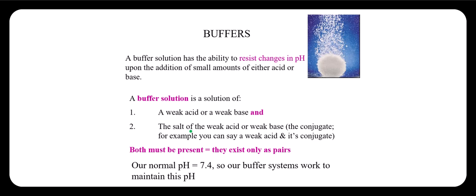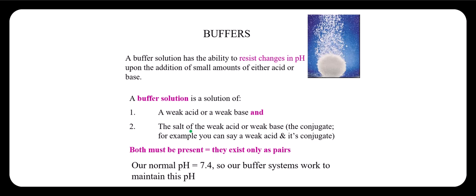If we want our pH nice and neutral, which most of the time we do, there's exceptions, of course, like stomach acid and things like that, we need to be able to resist changes to that pH, because we do reactions, processes, stuff in our cells that, if we don't mitigate it somehow, would cause changes to our pH.